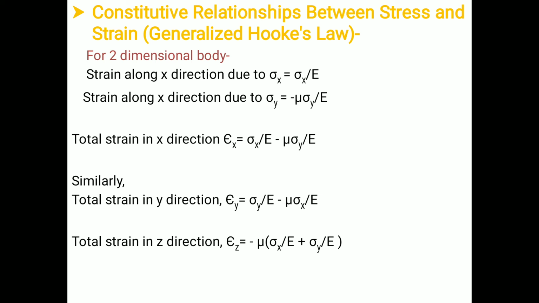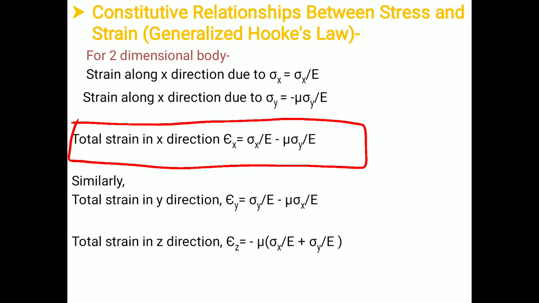Therefore, if I superimpose all those stresses, I have the final value of strain along x direction, which is equal to epsilon x equal to sigma x upon E minus mu into sigma y by E. Remember that in case of a two-dimensional body, we do not have the stress along any third dimension.